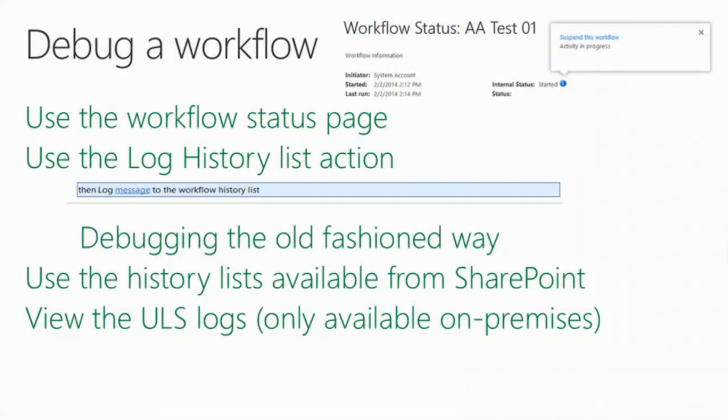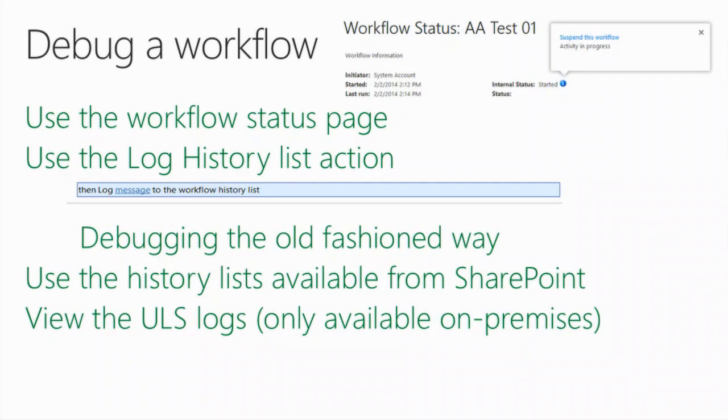Just before wrapping up, how do we debug a workflow? I already showed you that for the workflow that was created online. The only step you have here is the workflow status, which shows you a textual message on what's the current stage of your workflow, whether it's working or not. That's called the workflow status page.